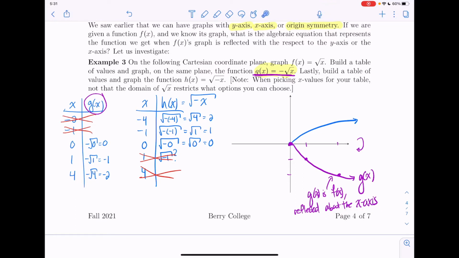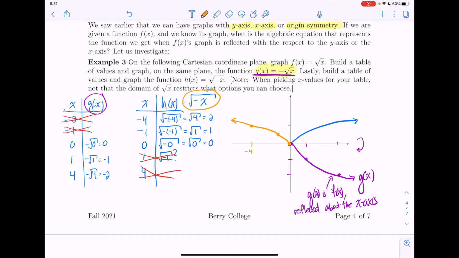But look at h. For h, we multiplied x by a negative on the inside. So if I graph that, I'm going to get negative 4, 2, negative 1, 1, and 0, 0. So there, when I connect the dots, it would look something like this.